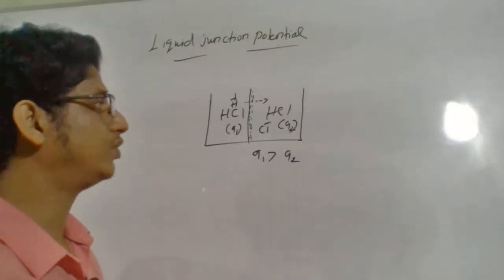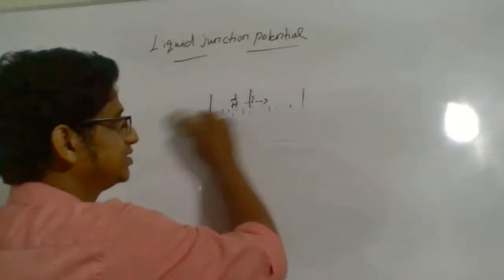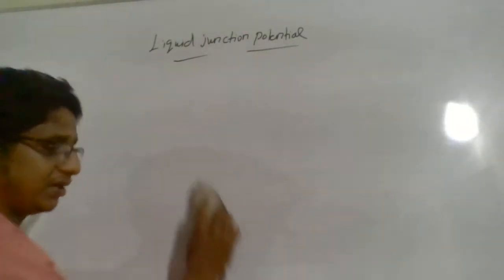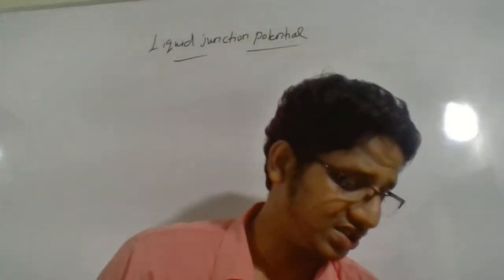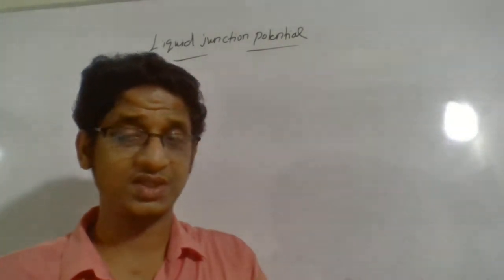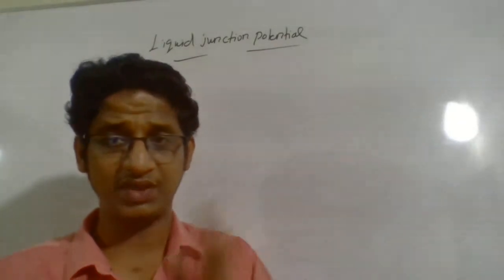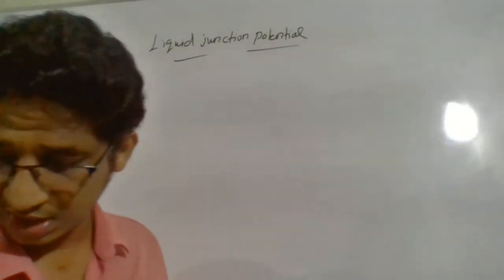So how can we get an expression for the liquid junction potential? Here we can imagine an electrolyte concentration cell with transference and without transference. For both we have an equation for a hydrogen electrode.